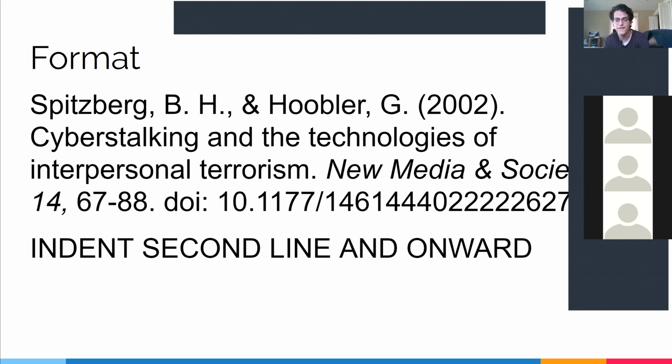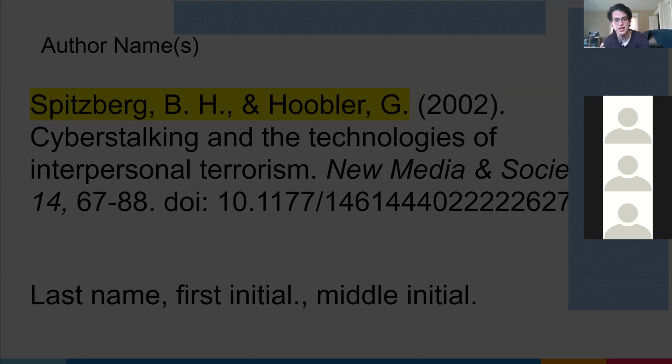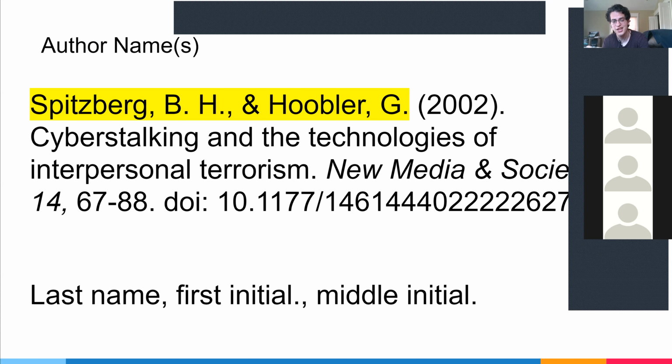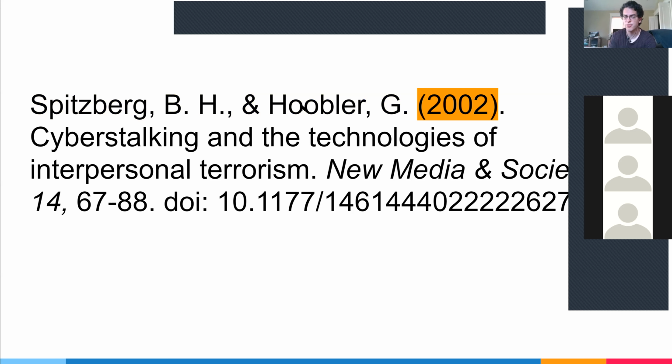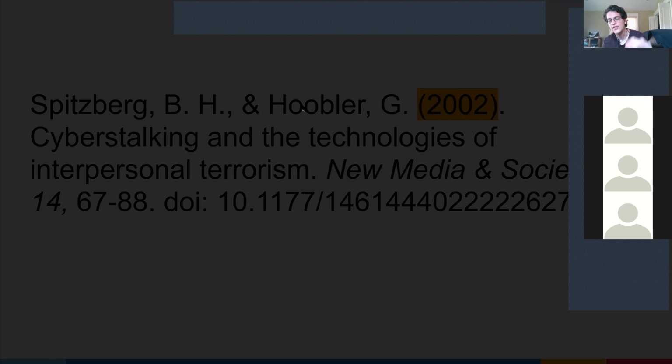The format for citing an academic article is as follows. You put the last name of the author, then the first and middle initial. You then put as many different authors as are listed, separated by commas and ampersands. That's what that symbol is. You then put the year of publication in parentheses, and this one's tricky.